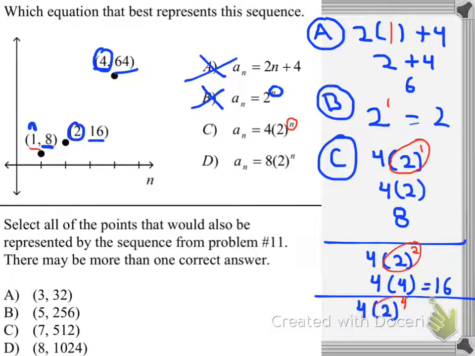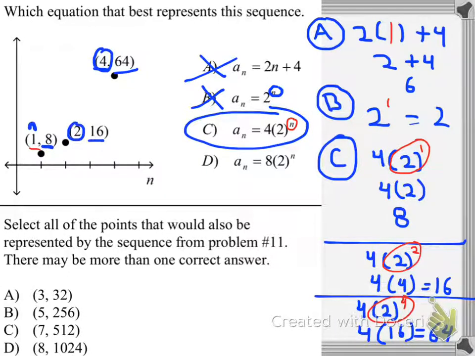Remember to simplify the exponent first. So we have 2 to the 4th power. That'll be 2 times 2 times 2 times 2, which gives me 16. And times 4, that's going to be equal to 64. So therefore, my answer will be letter C.